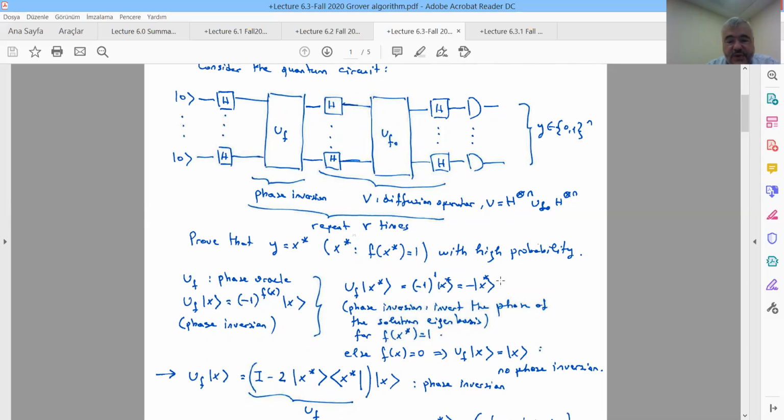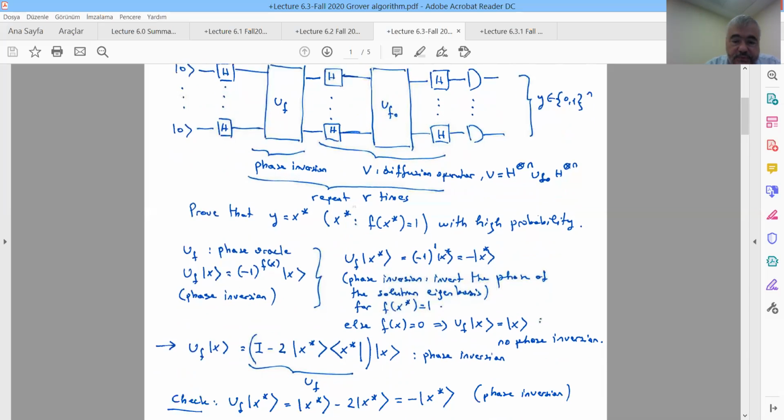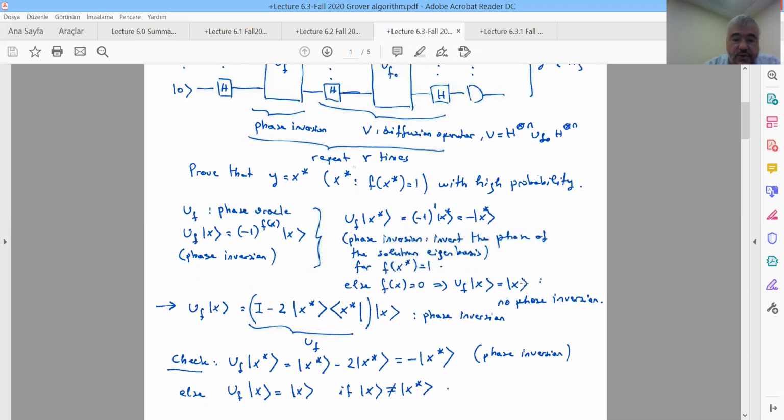So this was what phase inversion was doing. It is inverting the phase in front of the state that we are interested in. And also, for all the other states where f of x equals 0, you have (-1) to the 0th power, which is +1. So U sub f of ket x would equal ket x. There is no phase inversion. We only invert the phase for the state that we are searching for.